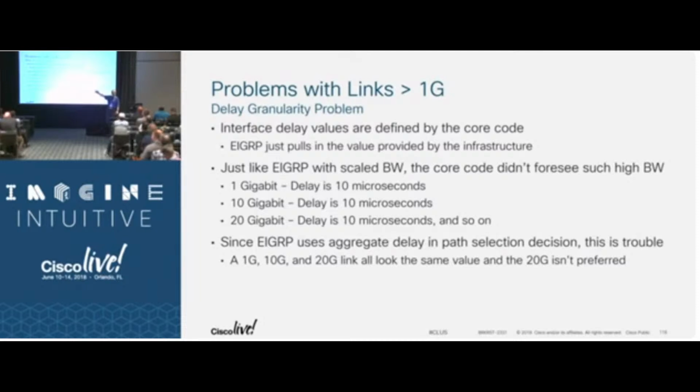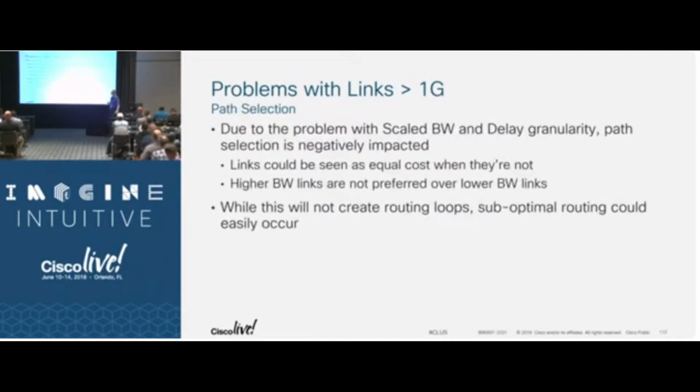So based on the delay, we are unable to differentiate between interfaces that are faster than 1 gigabit, and what ends up happening is suboptimal routing. It was always possible to configure the delay manually, but from an operations perspective this is awkward. It forces you to go and tweak those configurations yourself.